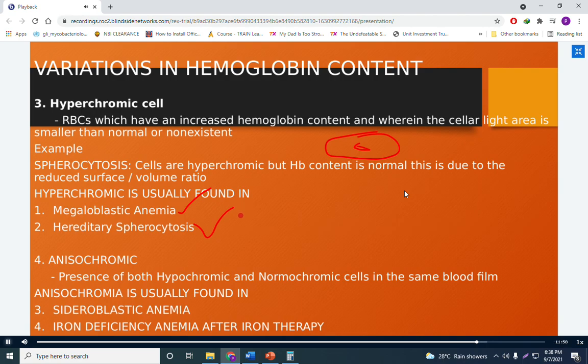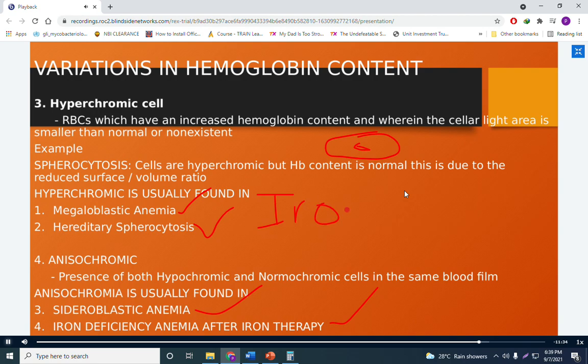It's in the midterms. Then you have anisochromic, so meaning balance both of hypochromic and normochromic. Presence of both hypochromic and normochromic sa same blood film. Usually seen in sideroblastic anemia and iron deficiency anemia after iron therapy. Plus, what do you call the treatment?